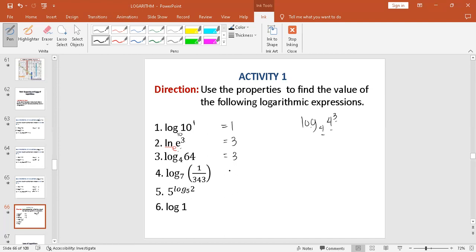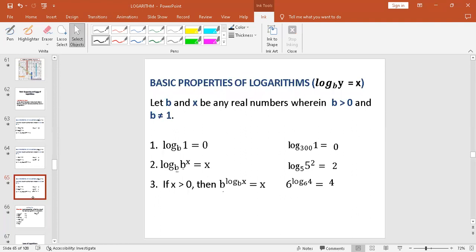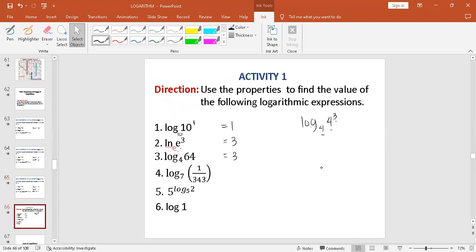Next, number 4. Log of 1 over 343 to the base 7. What's the answer? O, kung titignan nyo yung properties, parang wala namang pasok dyan na ganun yung format. O, try nating manipulate ulit.